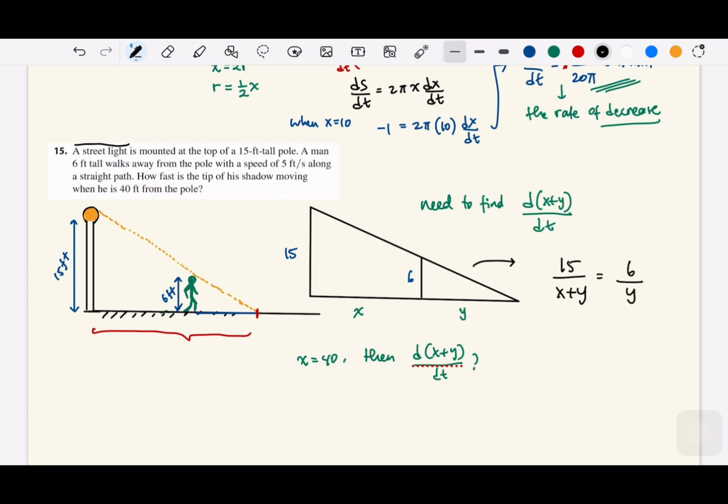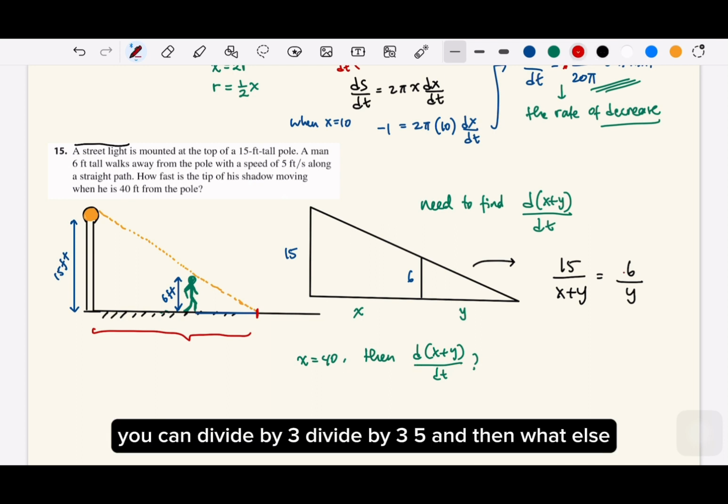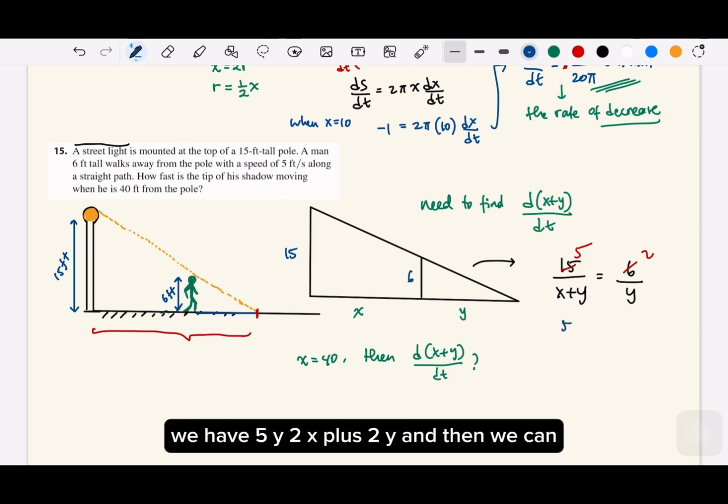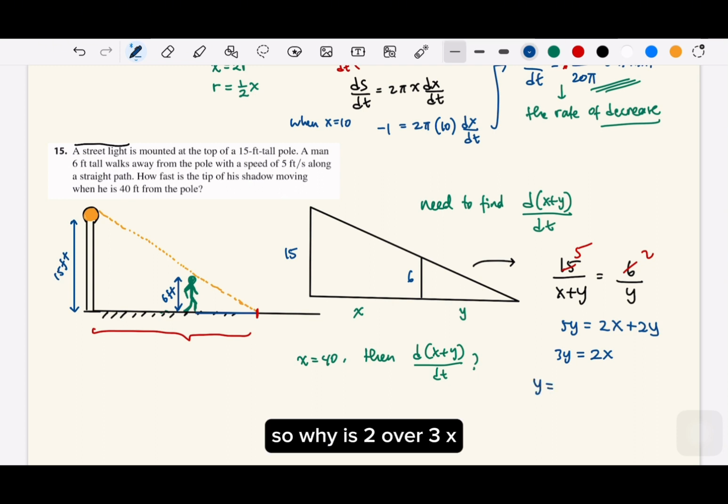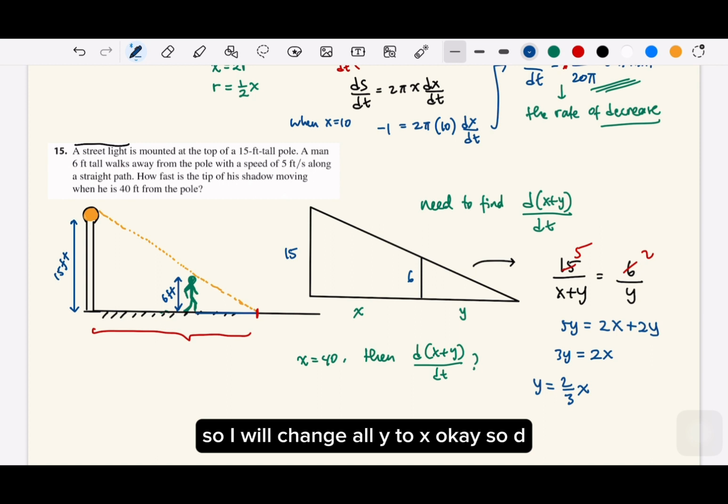We can divide by 3, 5, and then what else? We have 5y equals 2x plus 2y, and then we can make 3y equals 2x. So y is 2 over 3 x. So I will change all y into x.